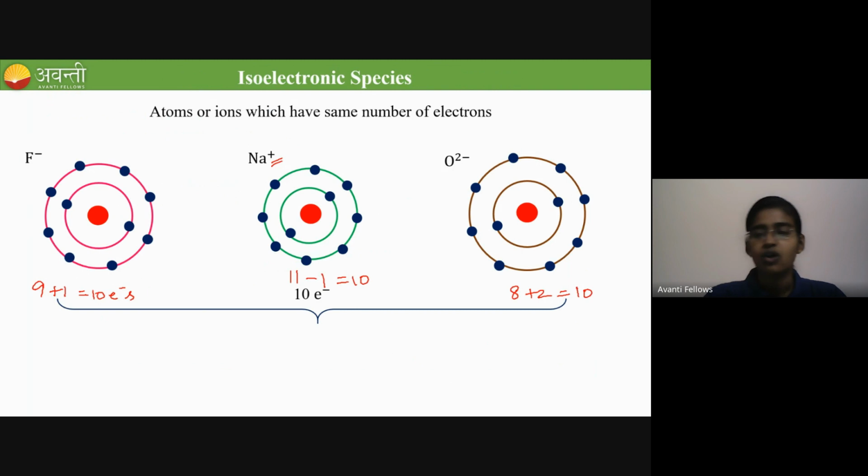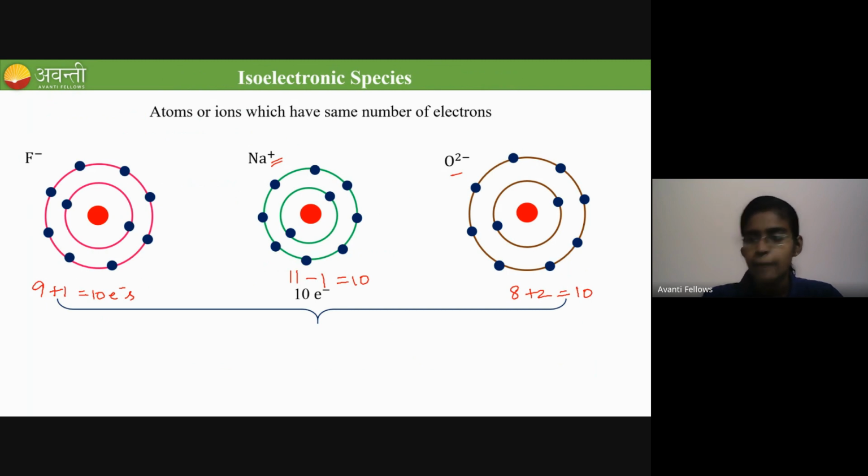But when discussing the radius of these three, you see the size given in the picture on the slide. All three ions do not have the same size, right? O2 minus has a bigger size, sodium plus has a very small size compared to the other two, and F minus has a medium size between sodium plus and O2 minus.